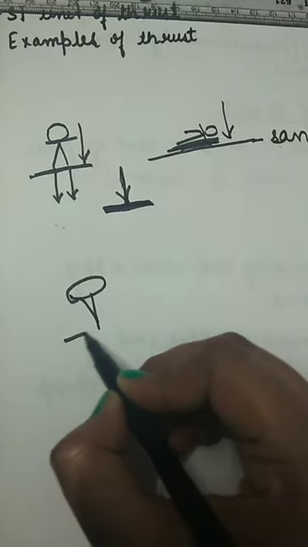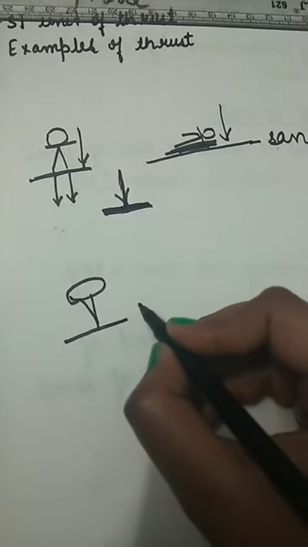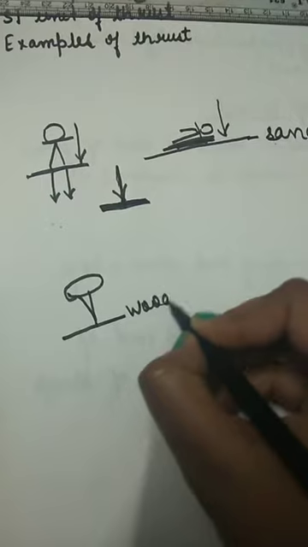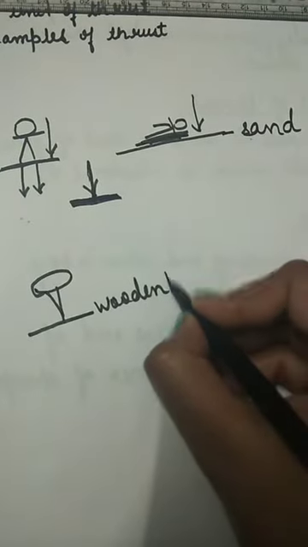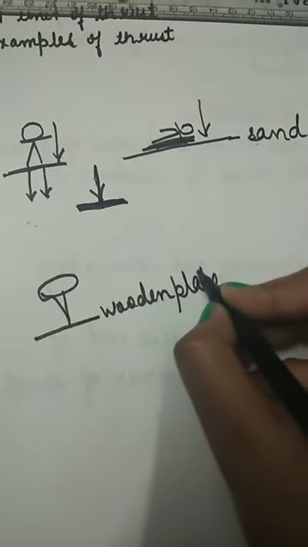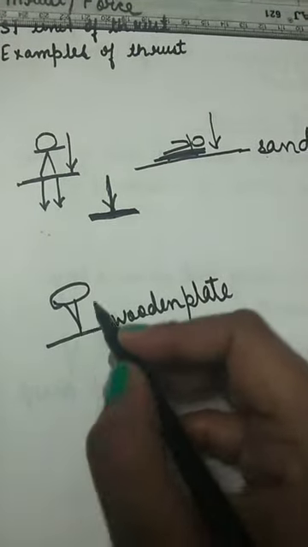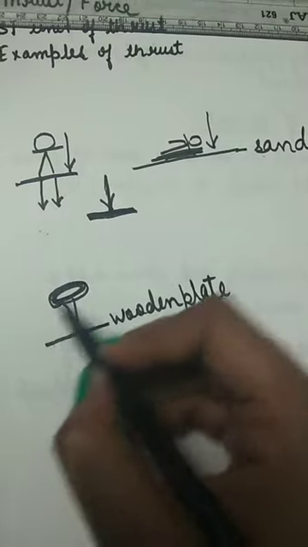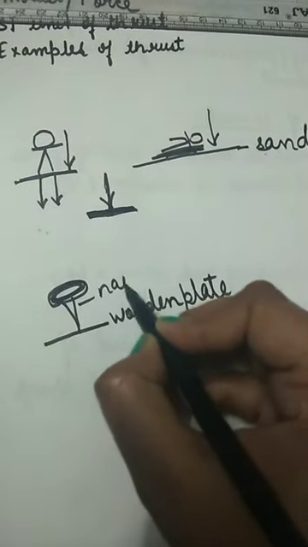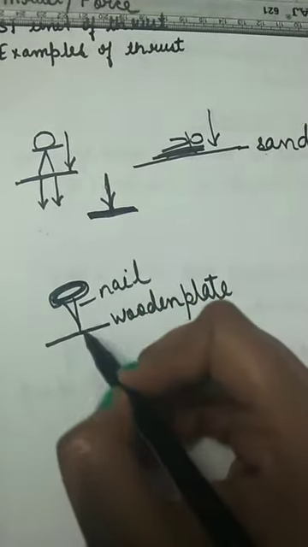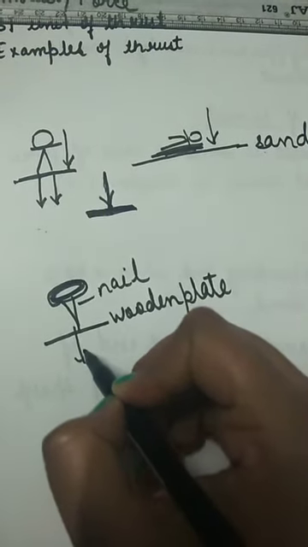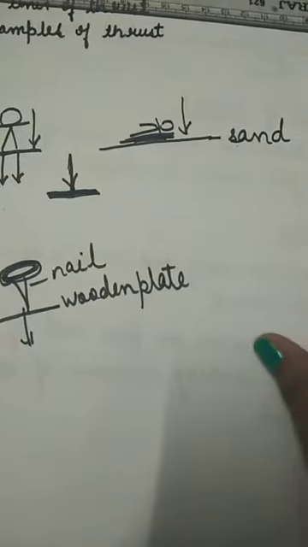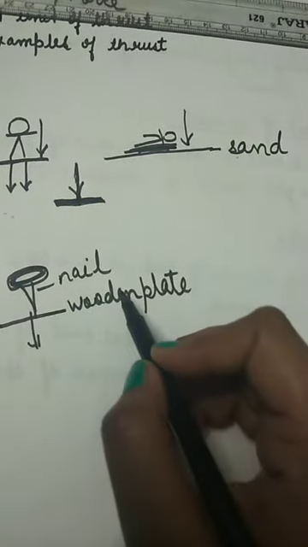What you observe is that this is your wooden plate, and when you hammer on this wooden plate from the flat end of this nail, this nail penetrates into the wooden plate. It goes down into this wooden plate.